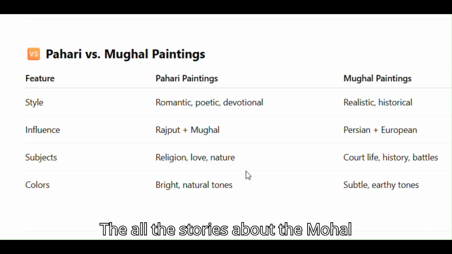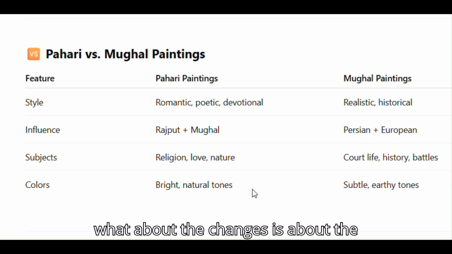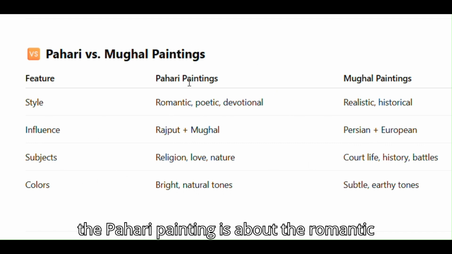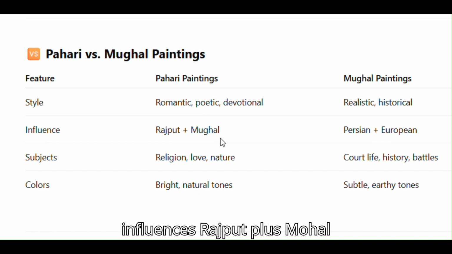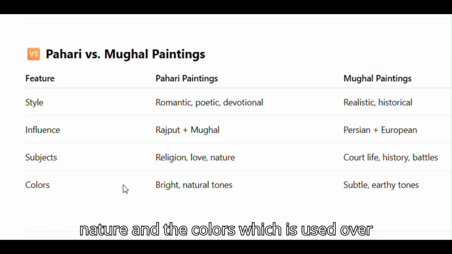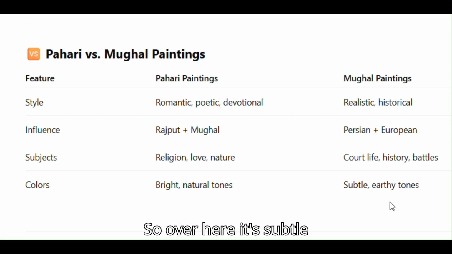Everything about the Mughal paintings will remain the same, but what changes is the Pahari painting. The style of Pahari painting is romantic, poetic and devotional. Influenced by Rajput plus Mughal, and subjected to religion, love and nature. The colors used here are bright, natural tones. So over here it's subtle.